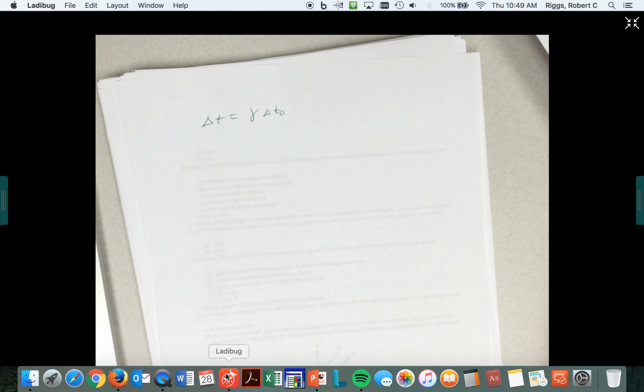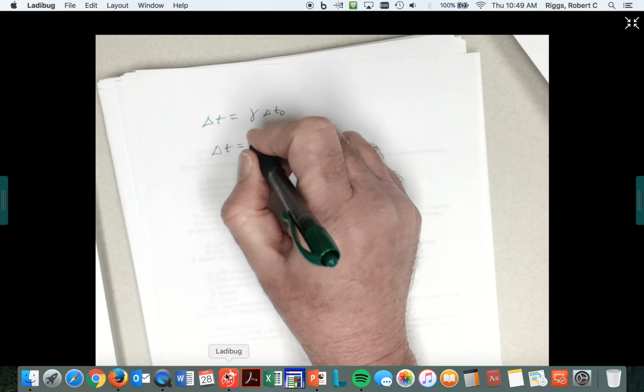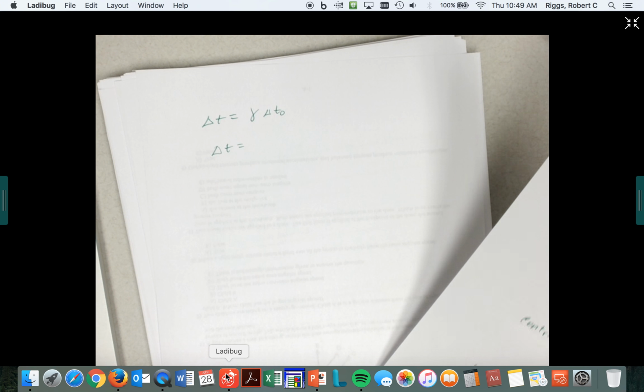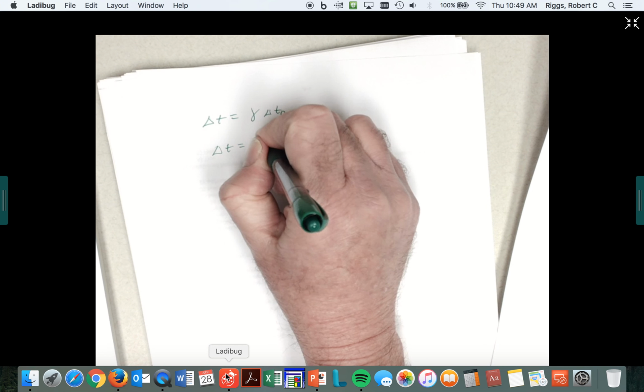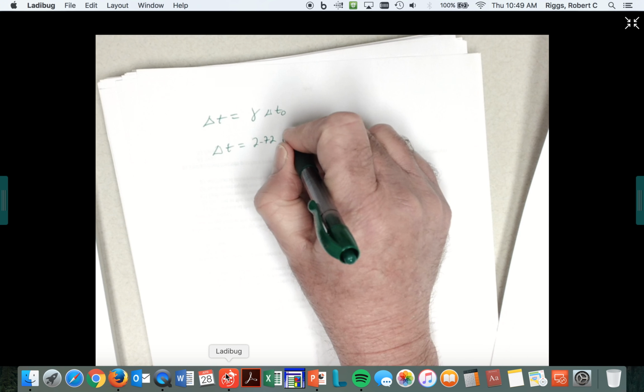The observer on Earth is going, hey, wait a minute, it should take you gamma, 2.72, times 1.78.